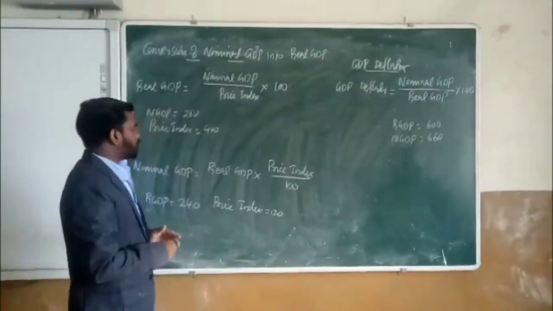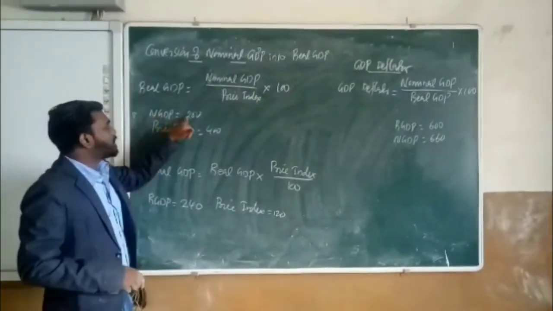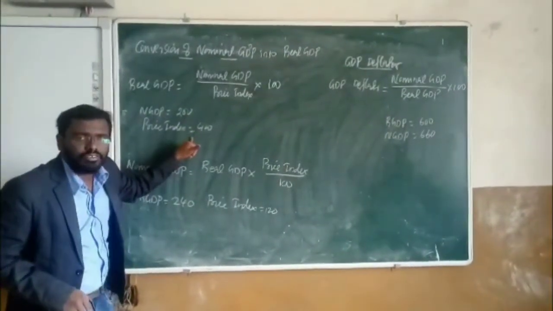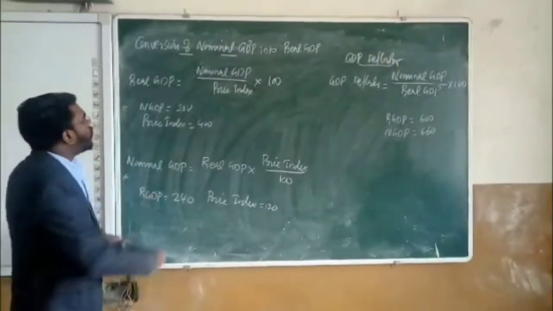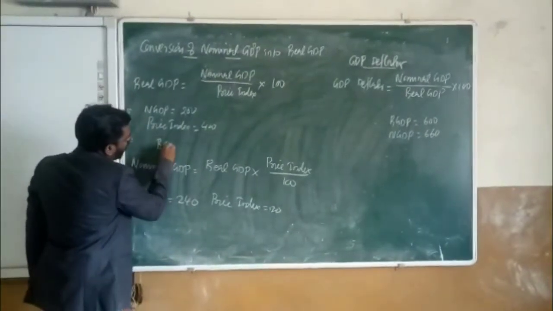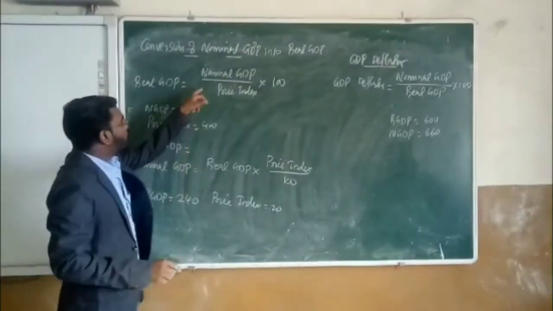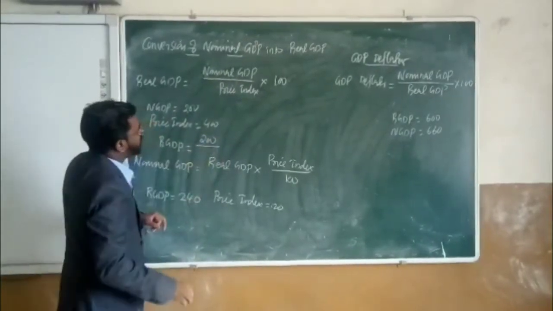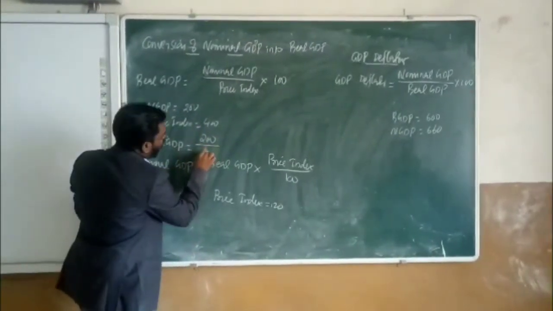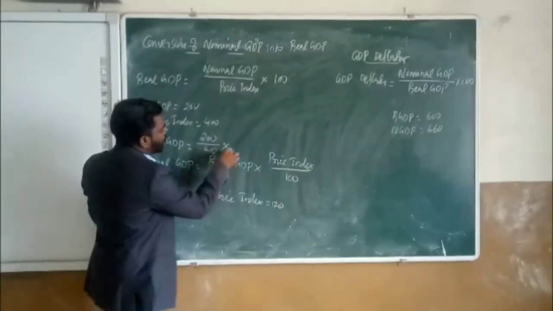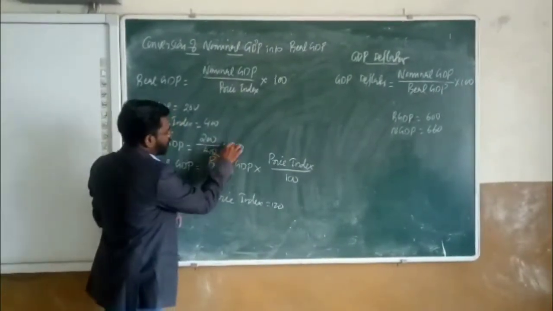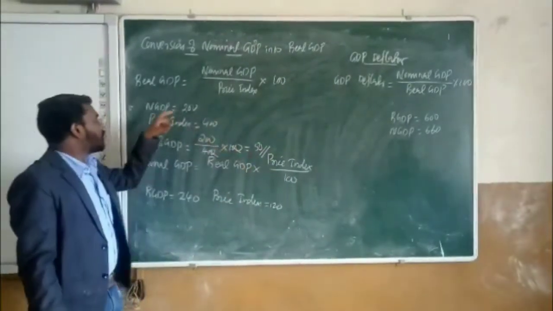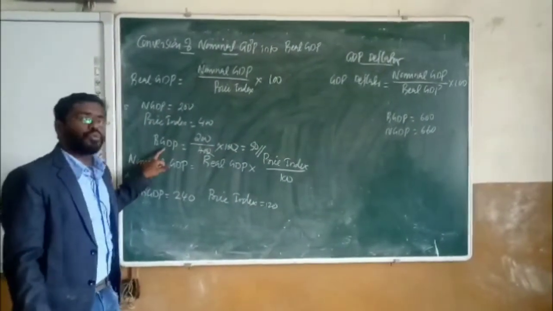For example, suppose nominal GDP is given as 200 and the price index is given as 400. So we can calculate real GDP. Nominal GDP is 200, price index is 400, into 100. So real GDP is equal to 50.